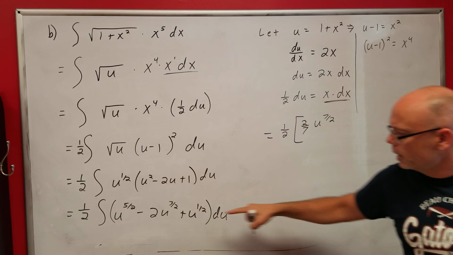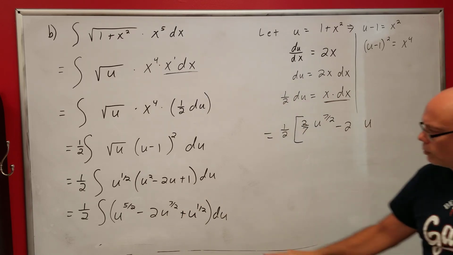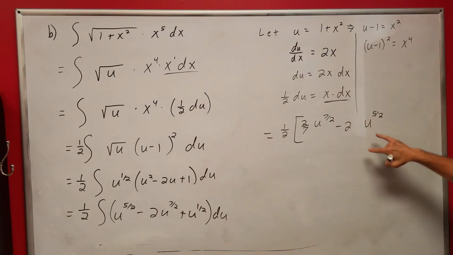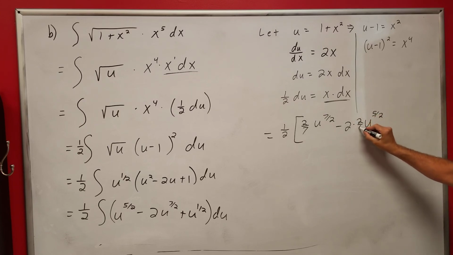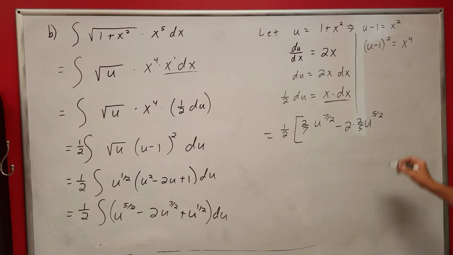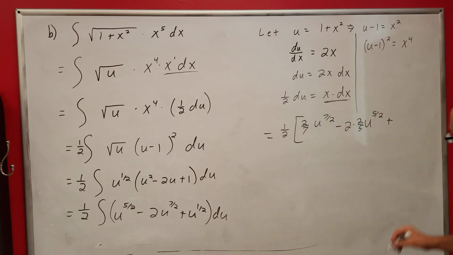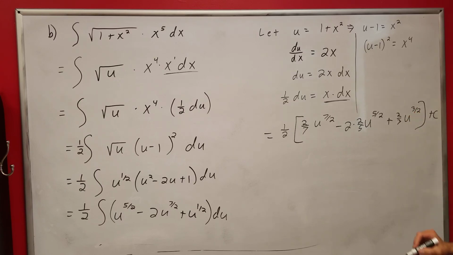Now minus 2, u to the what? 3/2 plus 1 is 5/2. Then we could say divided by 5/2, or we could say multiply by 2/5. Plus, how about u to the 1/2? Let's take an antiderivative. That's u to the 1/2 plus 1, or u to the 3/2, times 2/3 plus c.